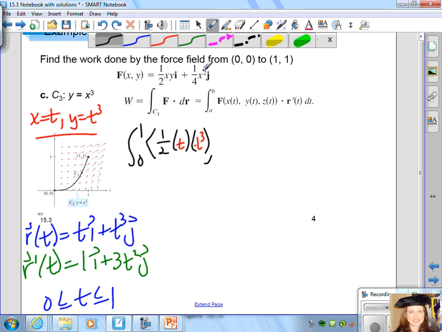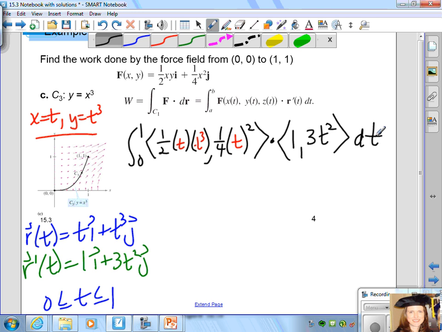And then the j component would be 1/4 x squared. I have to replace the x with t. And I want to dot that with r prime of t. If I write this using the angle bracket notation, it's <1, 3t squared> dt.